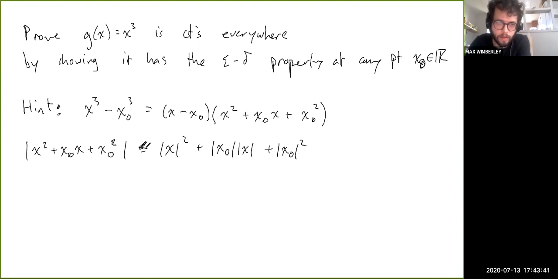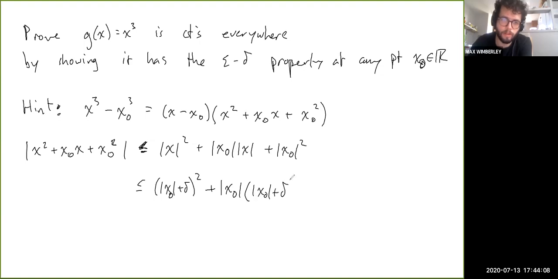And then what I was saying is, in the context of the true proof, this quantity is going to end up being bounded by the absolute value of x naught plus delta, right? So this is less than or equal to the absolute value of x naught plus delta, and then we have an x naught, and then we have another absolute value of x naught plus delta.